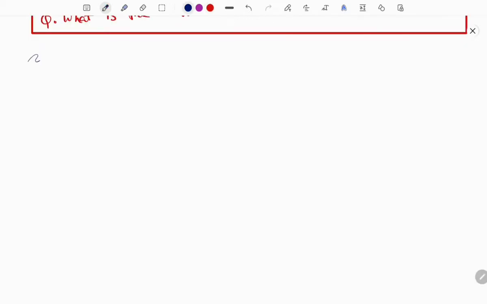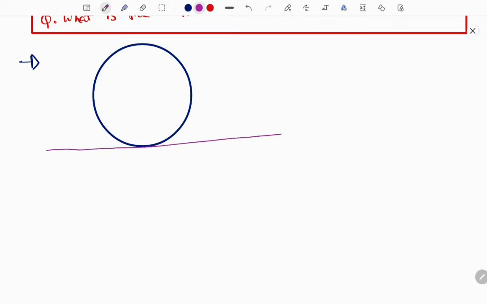Now we can discuss another point. Suppose I take one circle and one tangent like this. This tangent is named XY.